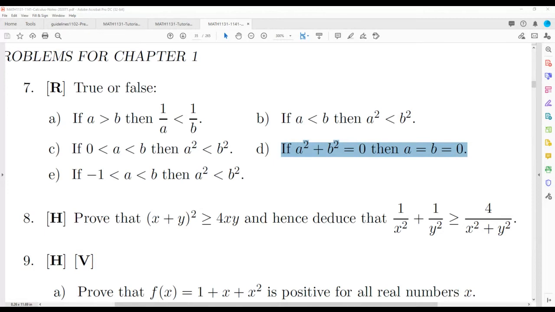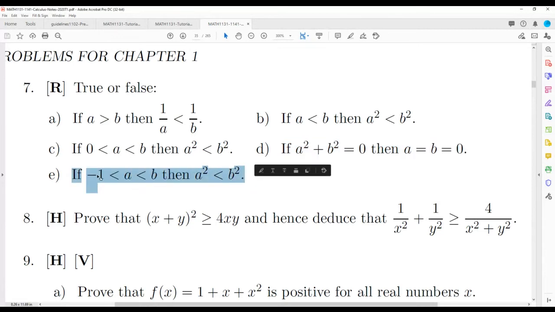If you have the sum of two squares and they add up to 0, are both of the terms A and B 0? I think people are saying it's true. Sneh has done a bit of justifying as well. So, yep, it is true. It's absolutely true. Okay. What about the last one?